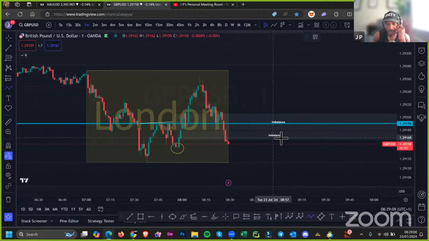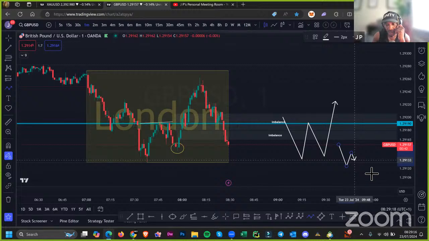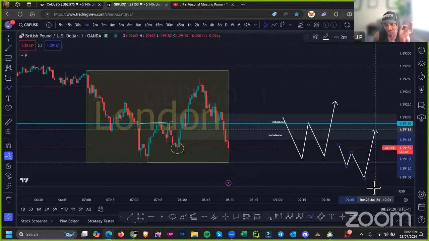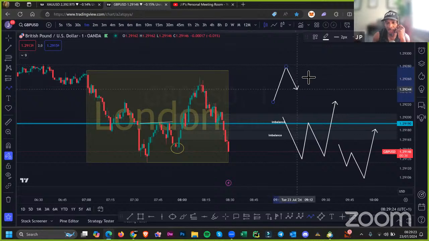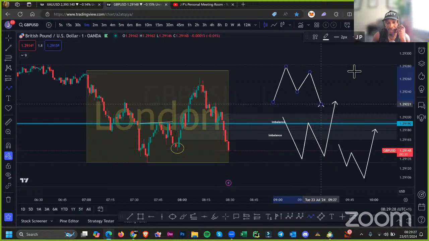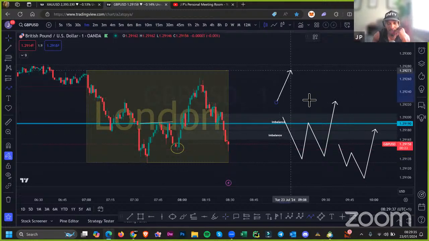Here's the manipulation W. Here's a normal W, okay? Here is a manipulation W. Just understand what I'm saying. This is the source. Here is a normal M breaker structure, which we see in the markets, okay? For example, like this. Here is a normal M, okay?